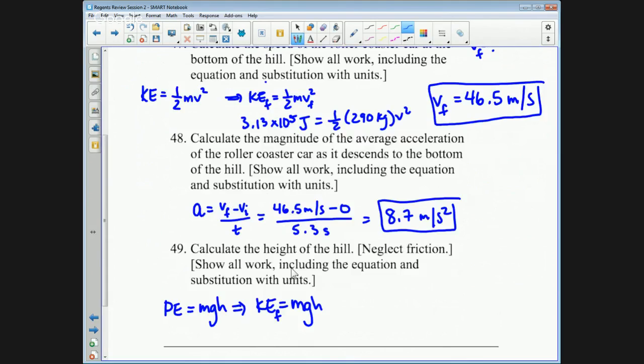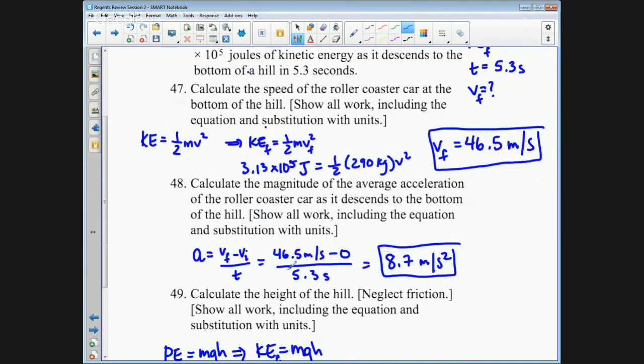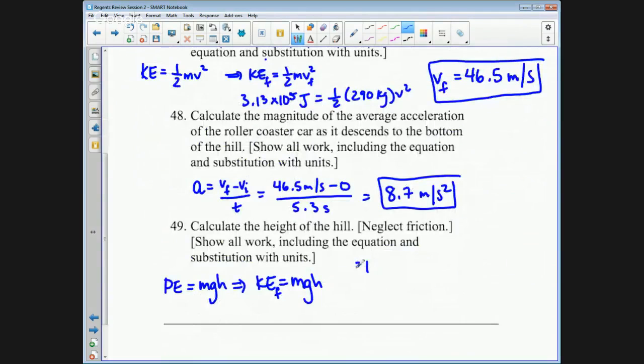Our final kinetic energy was 3.13 times 10 to the 5 equals the mass of the cart times 9.81 times the height. When we plug that in, let's see what we get.